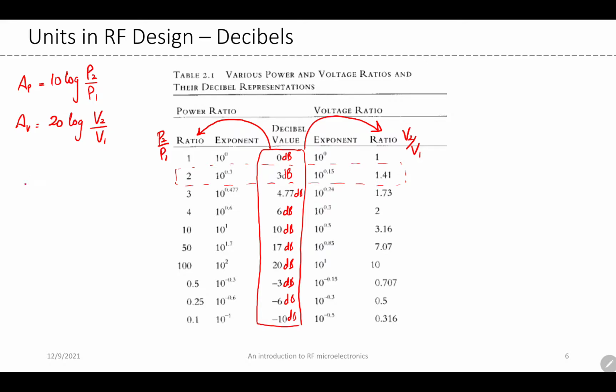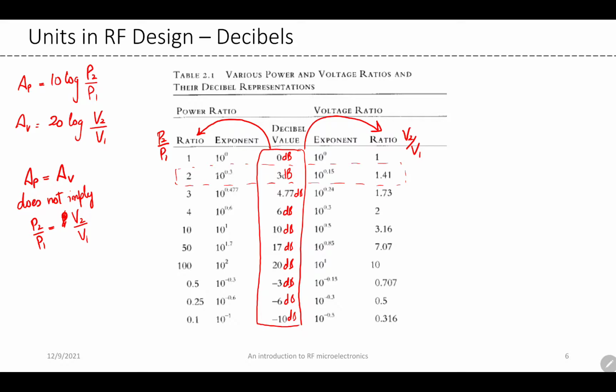As I mentioned, AP equals AV does not imply P2 by P1 equals V2 by V1.